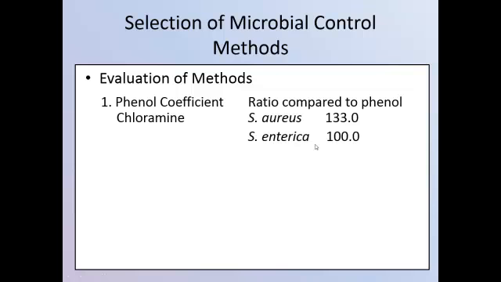If we're taking a look at a gram-negative bacterium, Salmonella enterica, it's 100 times more effective than phenol because the numbers have gotten so high. Phenol is alright, but it's not all that effective as a chemical control method. We've got much better stuff, obviously.